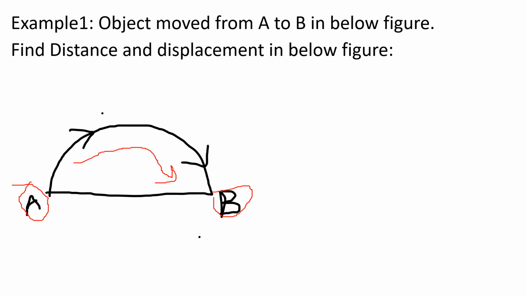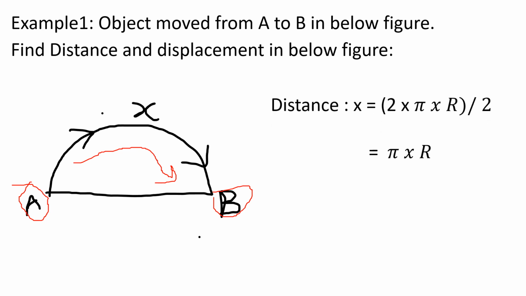Then the distance x is half of the circumference. The circumference of a circle is 2 pi r, divided by 2. So distance is pi r.